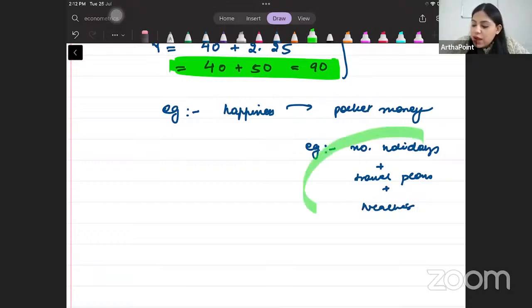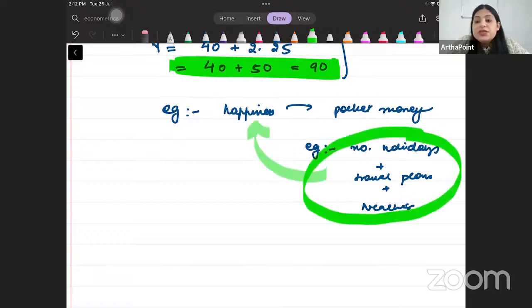These factors which you have not taken into consideration, which affect your happiness, come as part of the stochastic disturbance term. The stochastic disturbance term is important because you will not be able to interpret everything in your model.